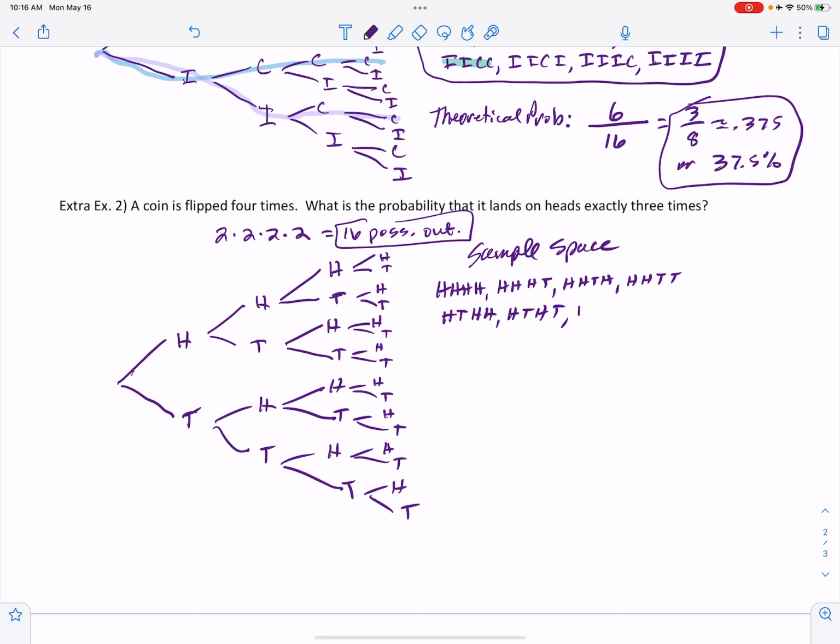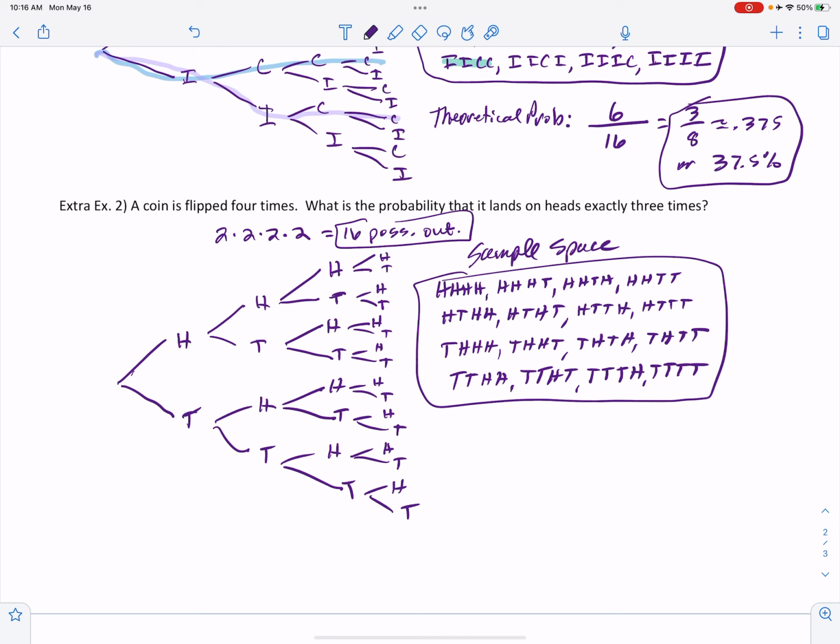Yes, it's a little tedious, but you can kind of get into a pattern of how you see it, and it gets a little faster. And that is your sample space.